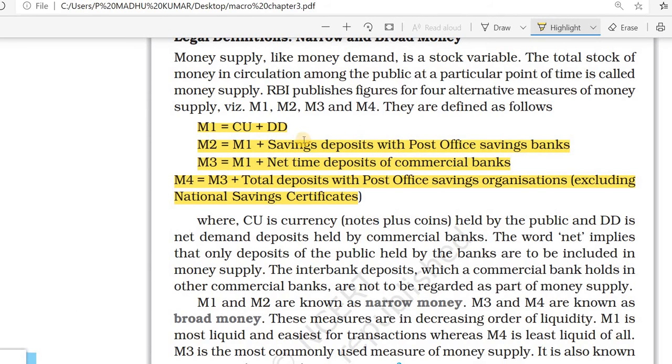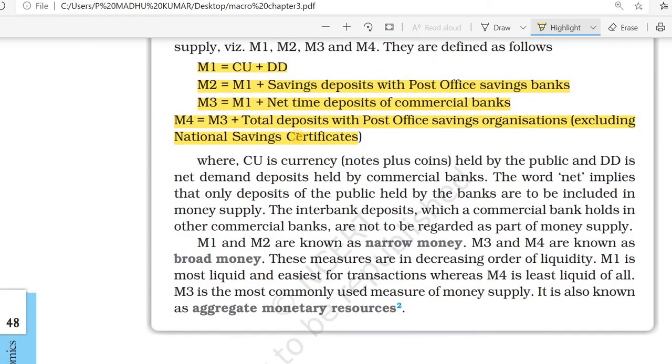In M2 it is savings deposit with post office savings bank; in M4 it is M3 plus total deposit with post office savings organization, like National Savings Certificate. That one is M4. CU means currency notes and DD means demand deposit of commercial banks.